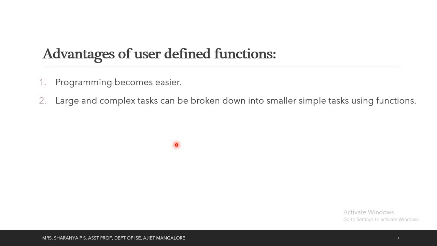For example, the interior will be done by a set of people, some carpentry work will be done by the carpenters, and some other contractors will be responsible for designing some infrastructure facilities. So these are all divided into multiple tasks, and these tasks will be done by the corresponding people, and once it is done, it will be handed over to the main engineer.